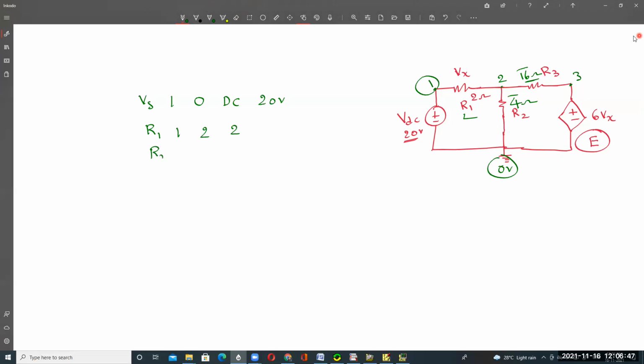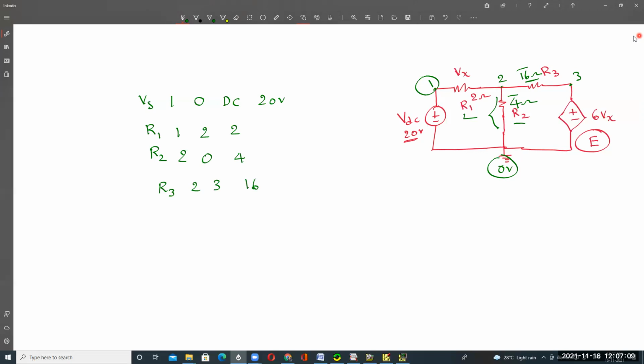Then R2 is connected between 2 and 0, so 2, 0, with a resistance of 4 ohms. Then R3 is connected between 2 and 3, with 16 ohms.